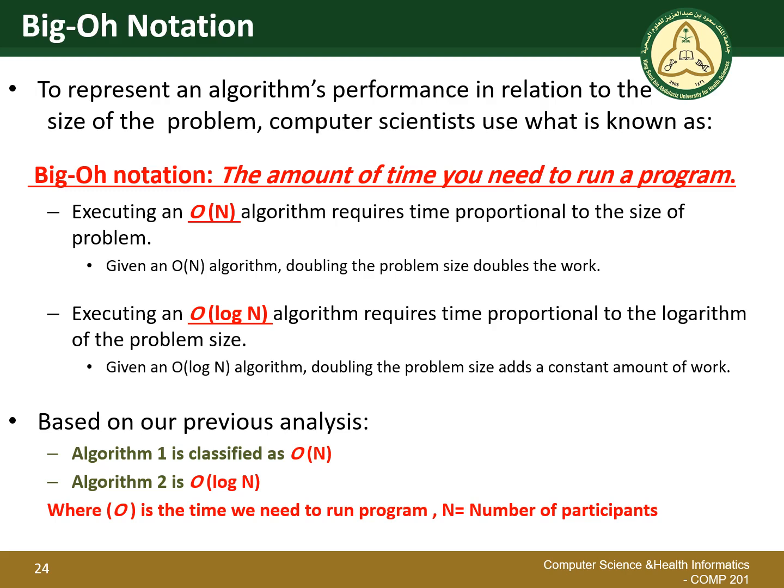The number of inputs equals the number of participants. So with big O notation n, doubling the problem, or doubling the input, doubles the work. Example, algorithm 1 is big O notation n, and for 100 participants I need 100 comparisons, and for 1 million participants I need 1 million comparisons.